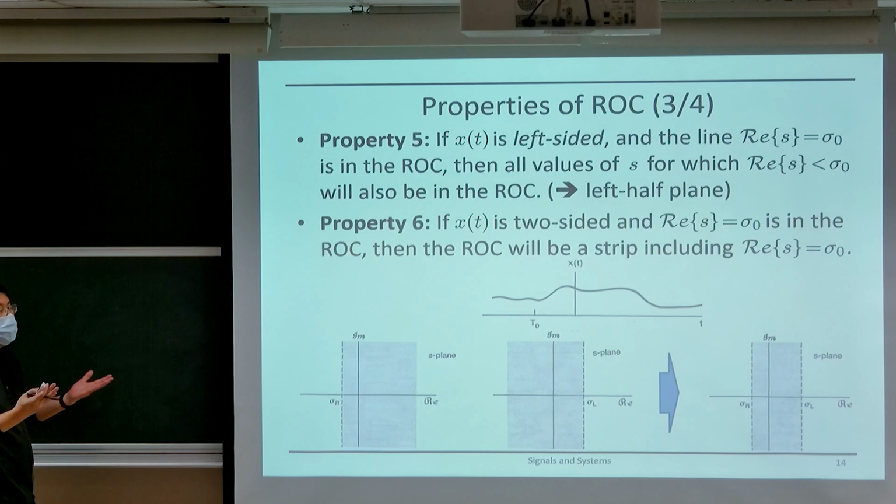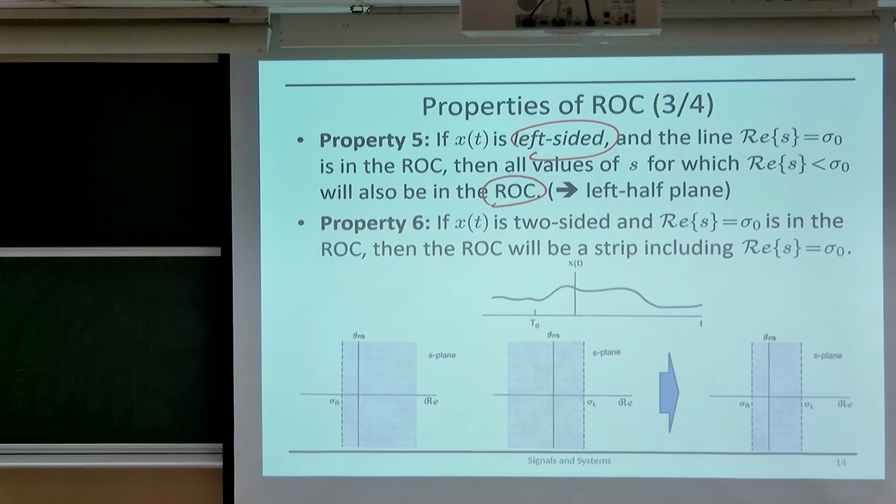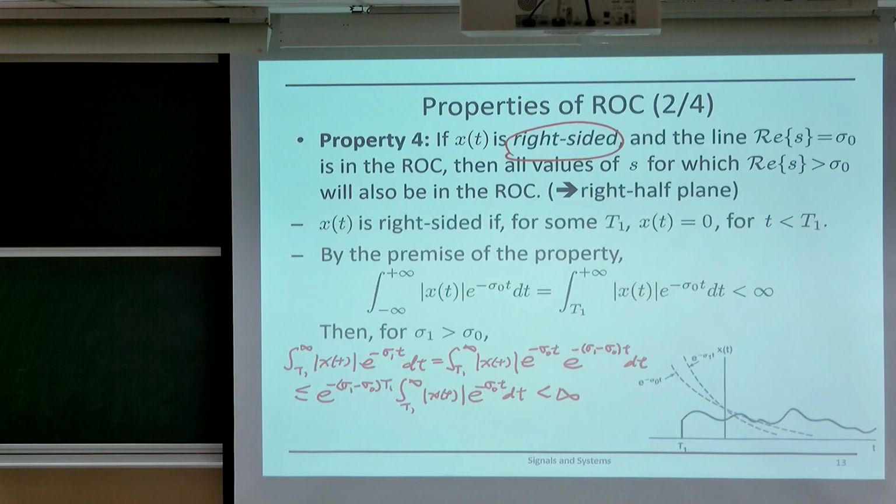And this is for exactly the same reason as before. So if you have a signal that is left-sided, then its region of convergence must be the left half plane, okay? And if you have a signal that is right-sided, then the region of convergence is the right half plane.